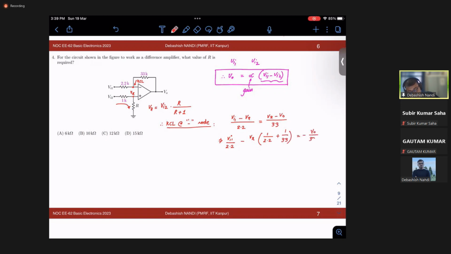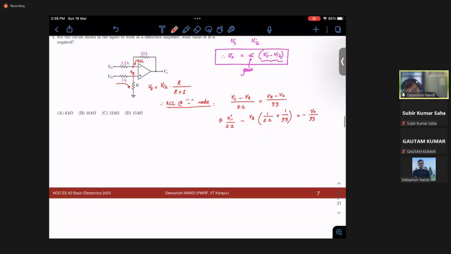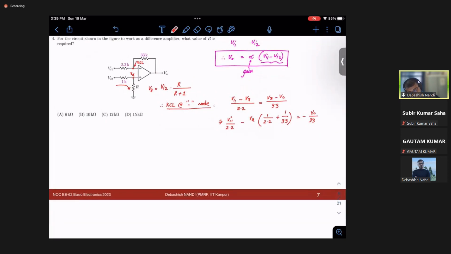Now you simply substitute Vx, which is Vi2 into R by R plus 1, into 35.2 over 33 into 2.2, will be minus V0 by 33, right?